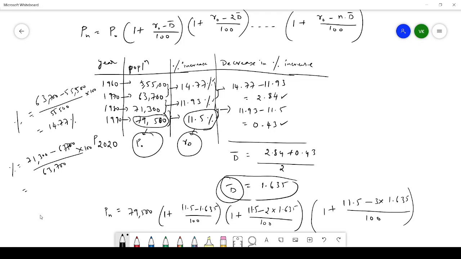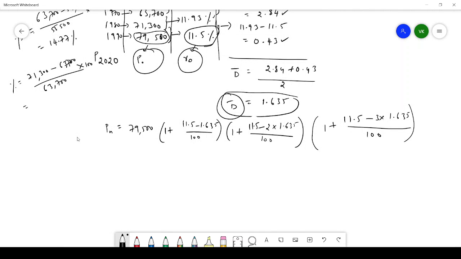Upon solving this equation, you are going to get the population in 2020. Approximately you are going to get 1,765. This is how you are going to calculate the future population using the decreasing growth rate method.